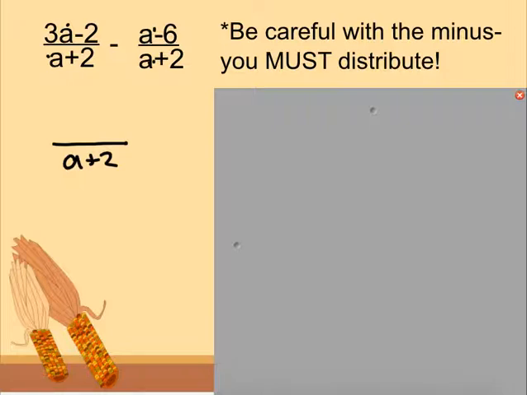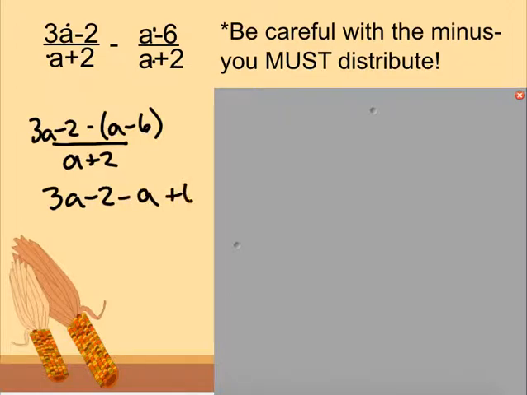But we can say that in the numerator we have 3a minus 2 minus the quantity a minus 6. And remember, we have to make sure to subtract the entire thing so that we have 3a minus 2 minus a and then a positive 6 because we distribute that negative to both the a and the negative 6. That's going to be over a plus 2.